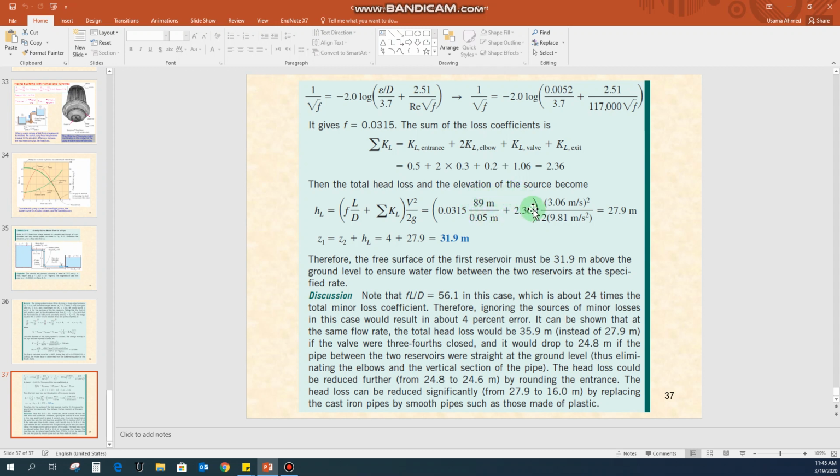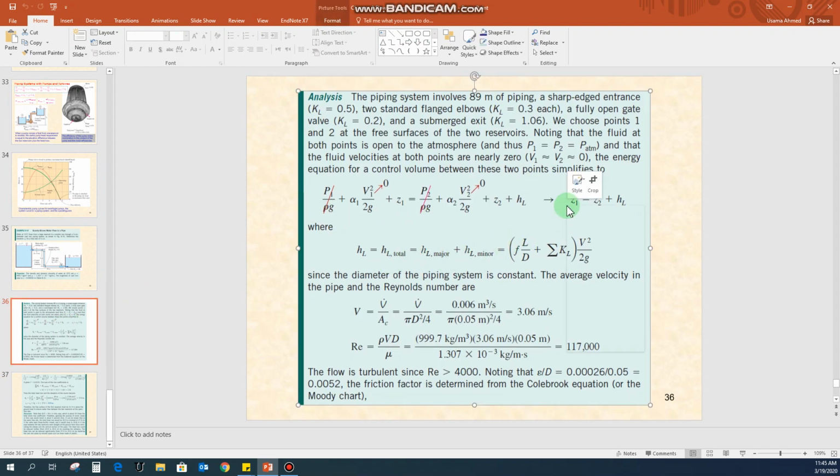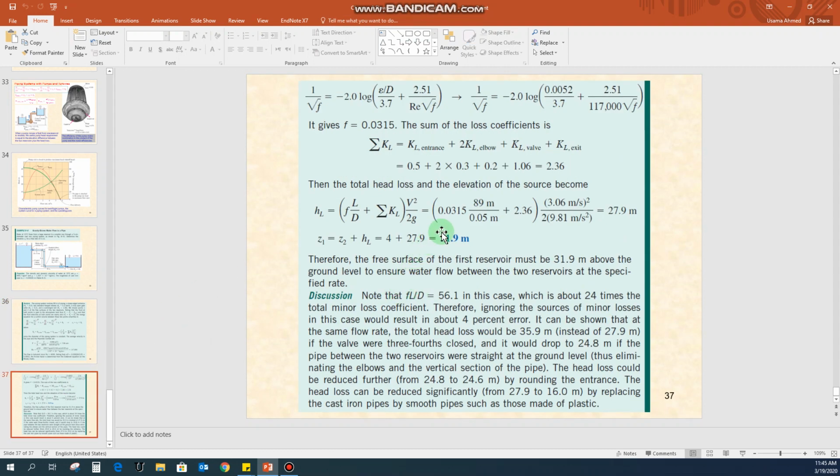The diameter is given, the total KL value is given, the velocity you have calculated, and g is given. You put the values and simplify the equation, and it gives you 27.9 meter, that is the head loss. Then you can use this equation again, Z1, which you need to calculate, equals Z2 plus HL. You put the values here, and the value for Z1 comes out to be 31.9.